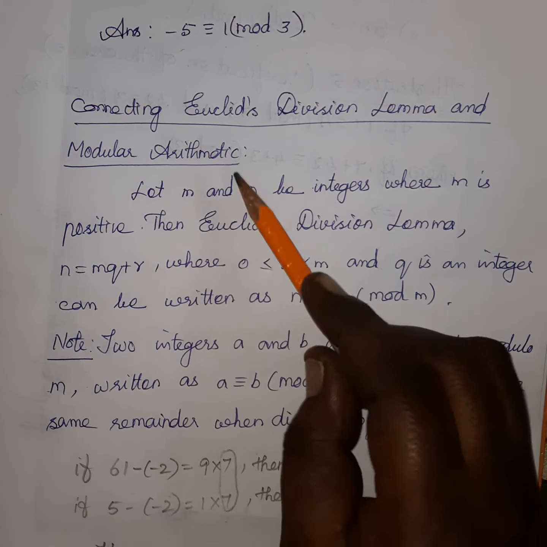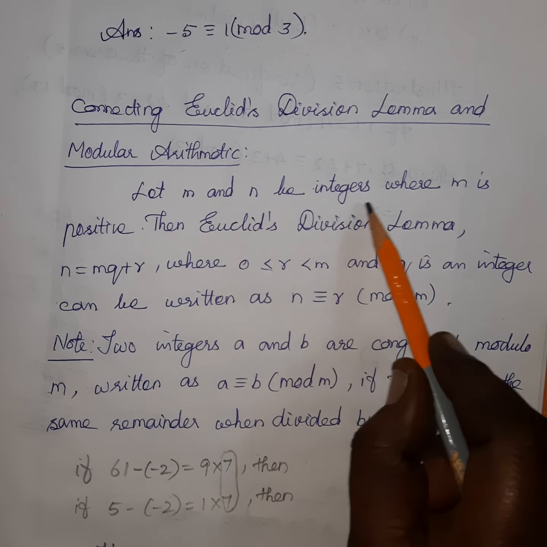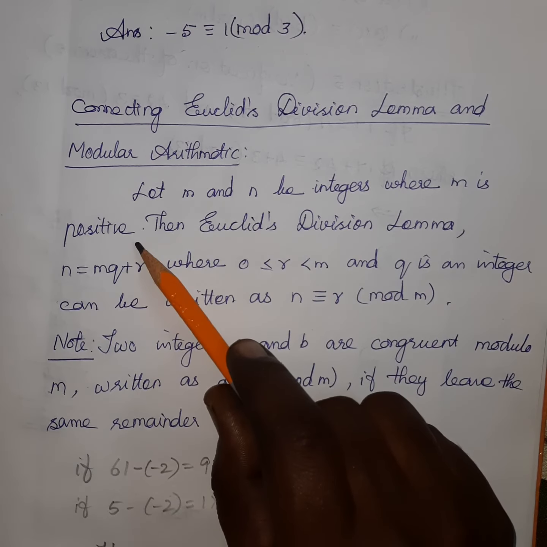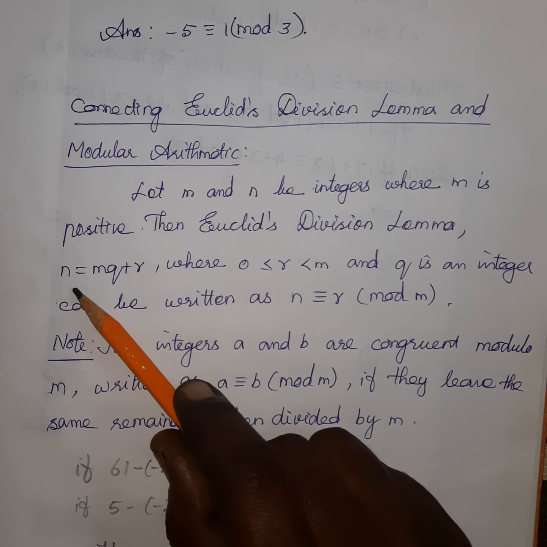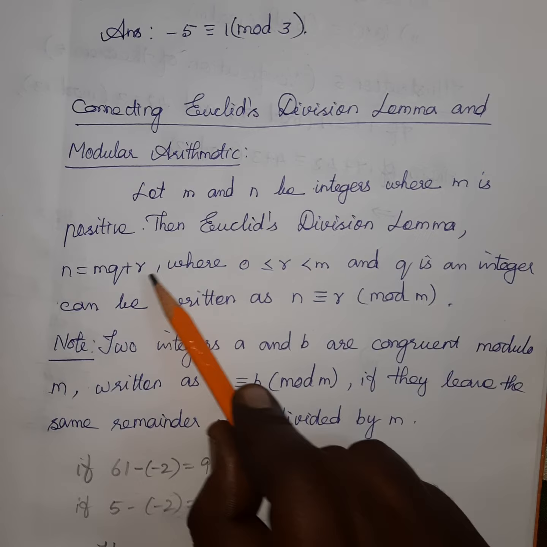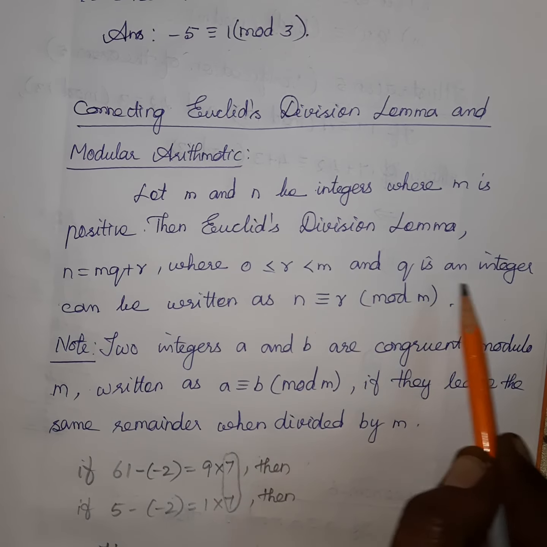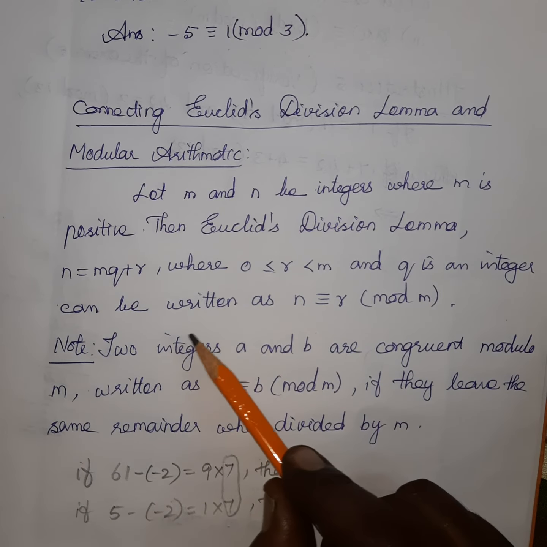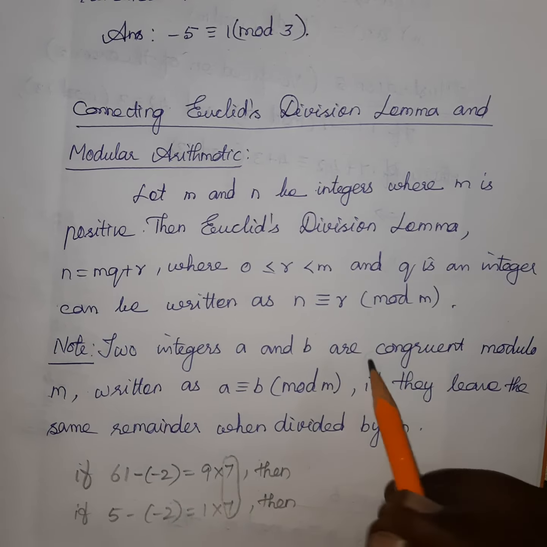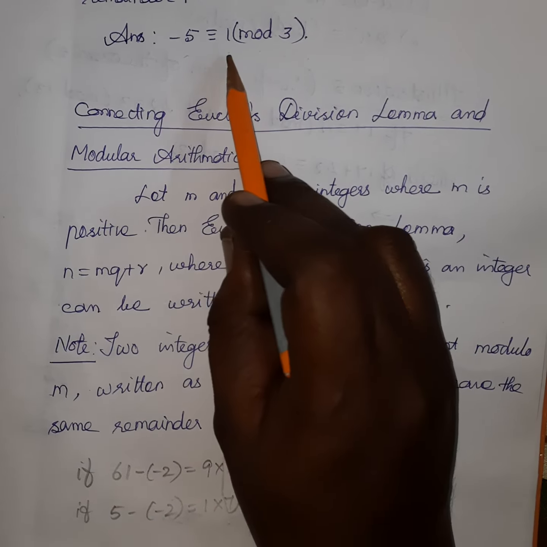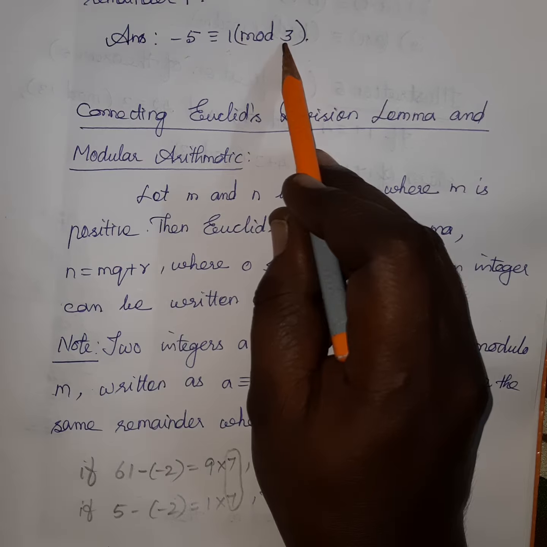Next one is connecting Euclid's division lemma and modular arithmetic. Let m and n be integers where m is positive. Then Euclid's division lemma, which we know, n equals mq plus r, where 0 less than or equal to r less than m and q is an integer, can be written as n congruent to r mod m. Normally, whenever we write the modulo, we are writing the remainder when dividing by the modulus value.